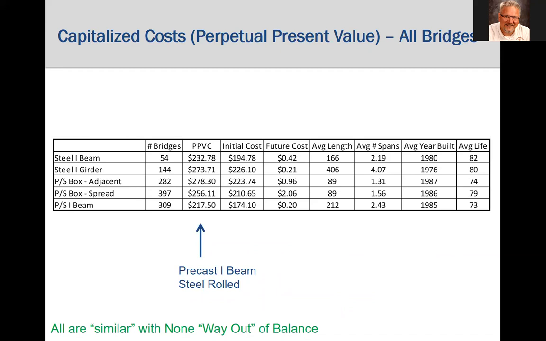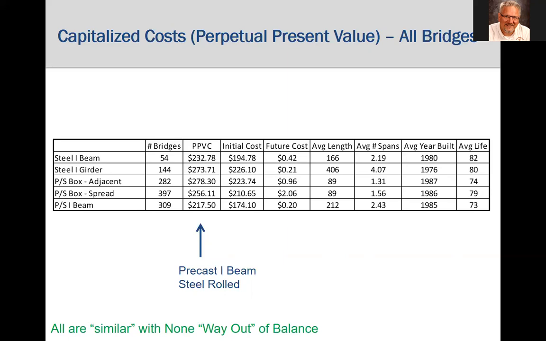This is where we need to be careful with the comparisons. Directly comparing all of the bridges without considering the differences in these variables can lead to misleading results. For instance, plate girder bridges in the database have an average of over 4 spans per bridge, whereas adjacent box precast bridges average just over 1 span per bridge.